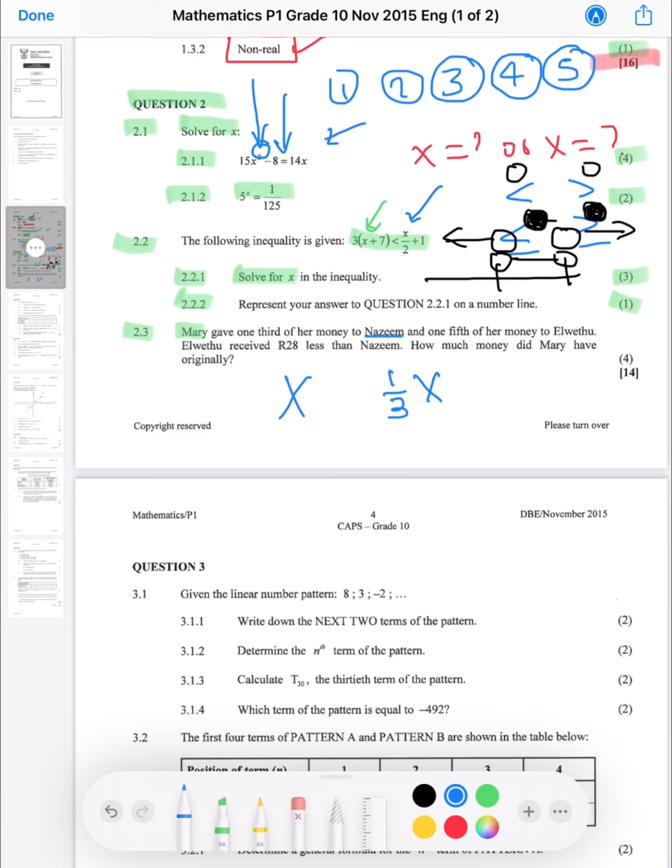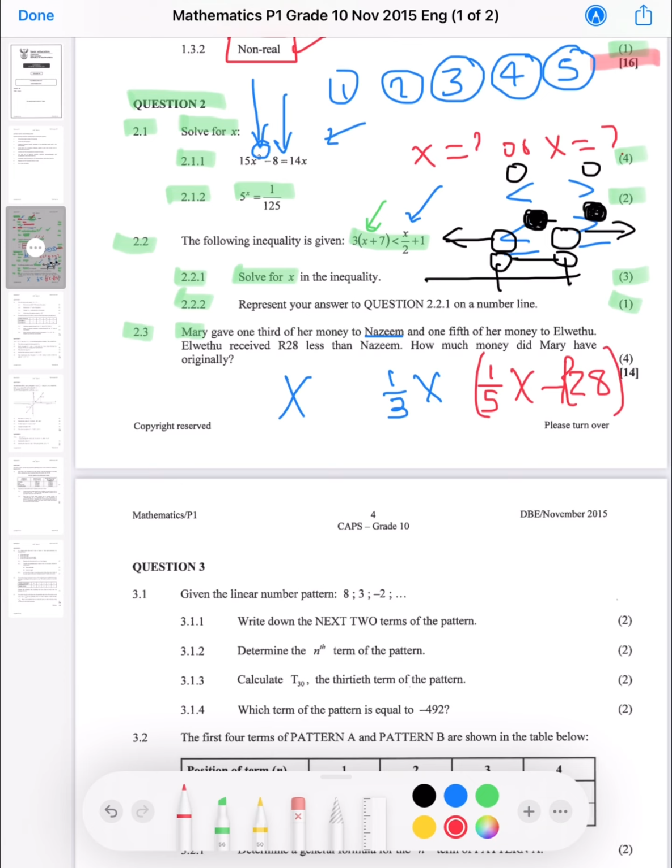Okay, and she gave 1/5 of her money to Elway 2, and we know that Elway 2 received 28 rand less than Nazim.